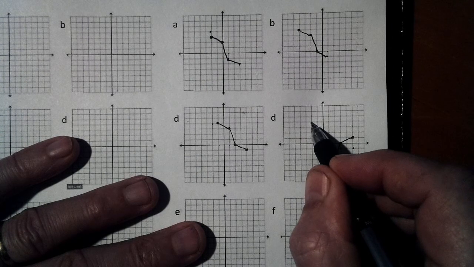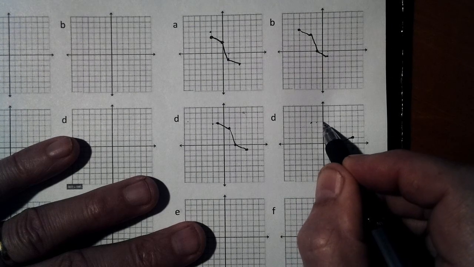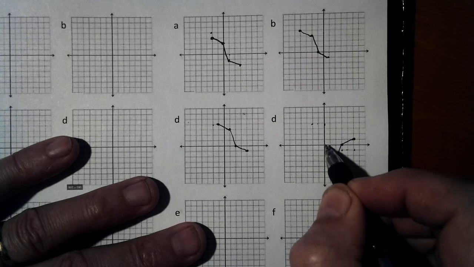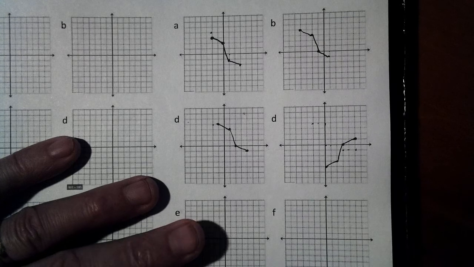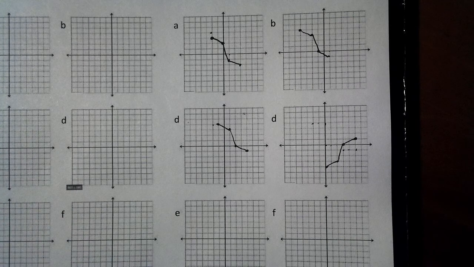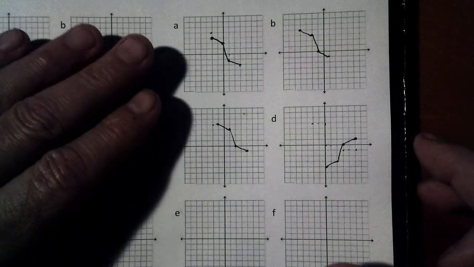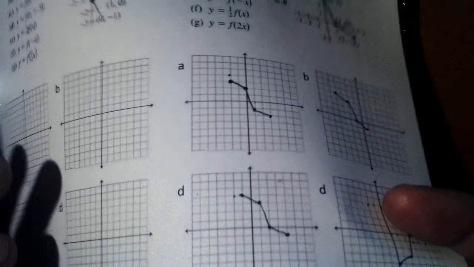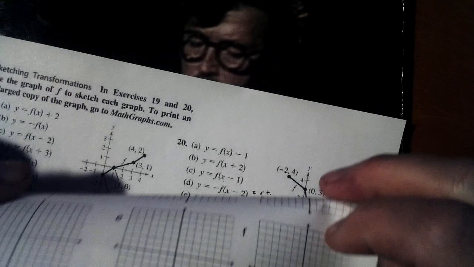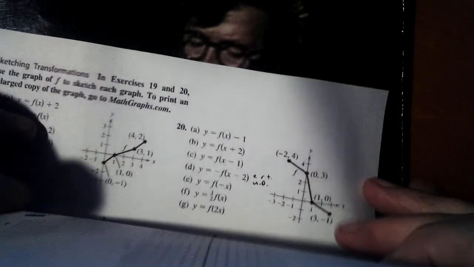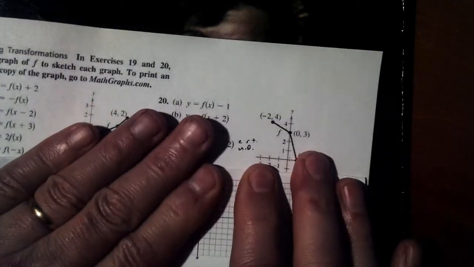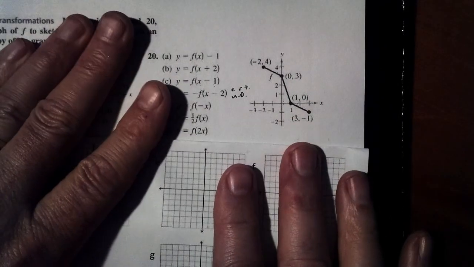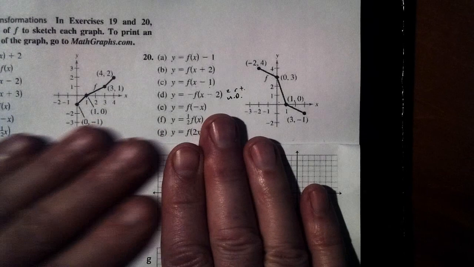Negative 2, 4, 2 to the right, 1, 2, upside down 4 becomes negative 4. 2 to the right, upside down. Okay, I'm going to take a moment here and fold this paper just so we can get back up and see what our base function is. Here we go. That'll work.